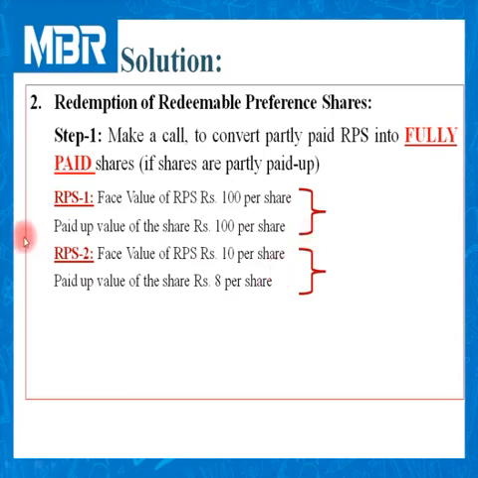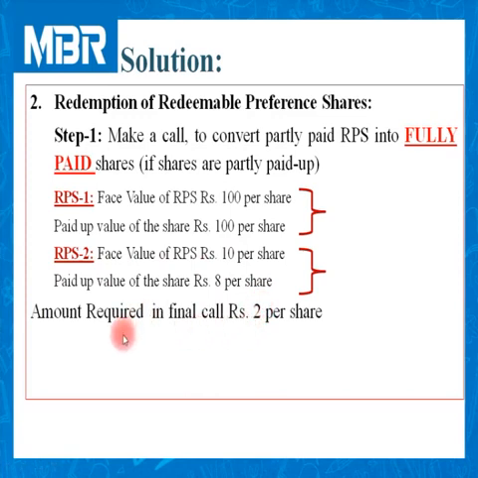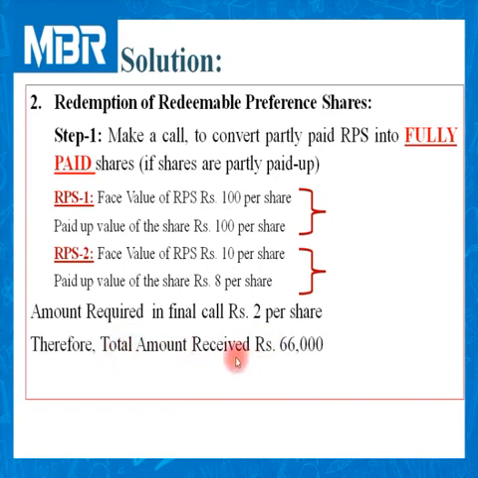It means we need not call anything from RPS 1, but we need to call an amount of rupees 2 per share in order to convert these partly paid shares into fully paid up. So amount required in final call is rupees 2 per share. Therefore, total amount received is rupees 66,000.